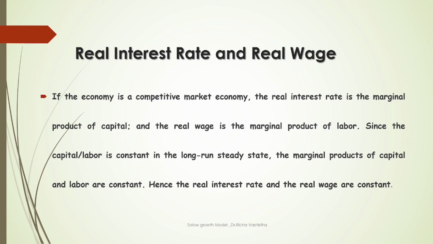Now since the capital labor ratio is constant in the long run steady state that we have just studied, the marginal product will also be constant, because it shows the incremental change from one additional unit. So that will also be constant, and hence the real interest rate and the real wage rate will also be constant.